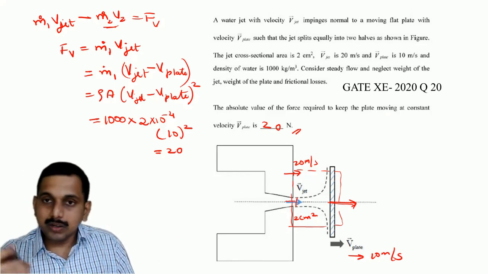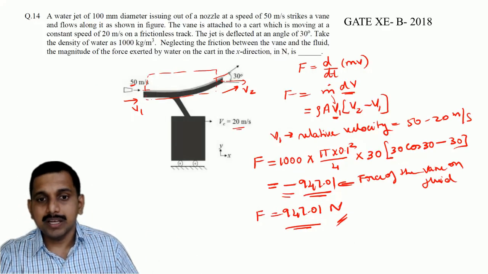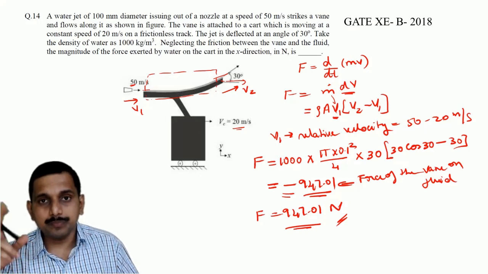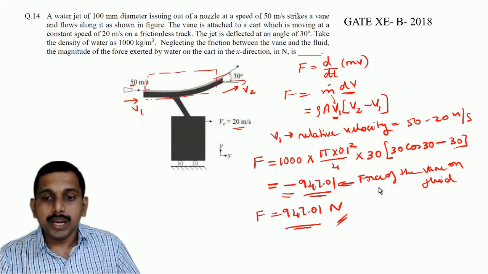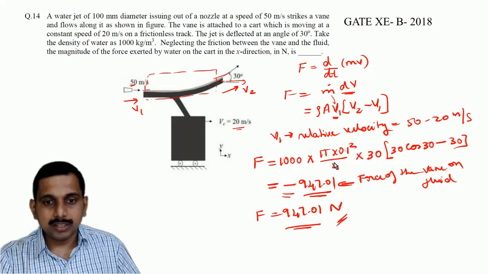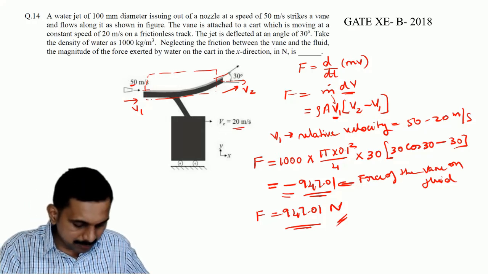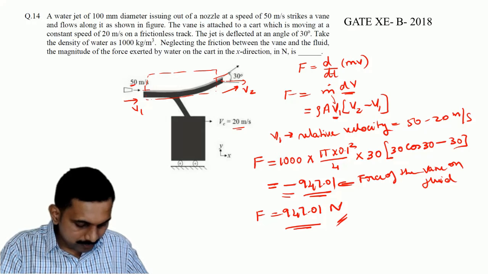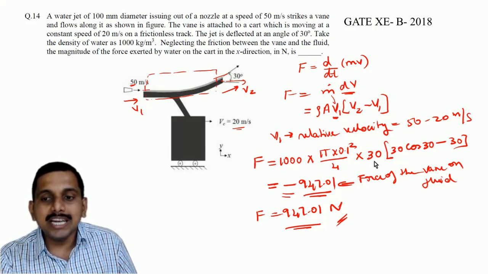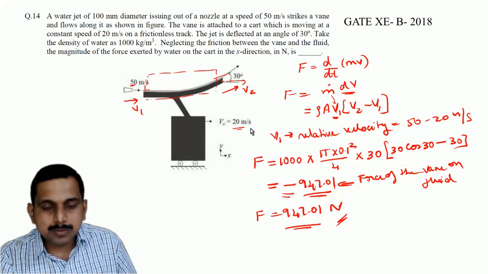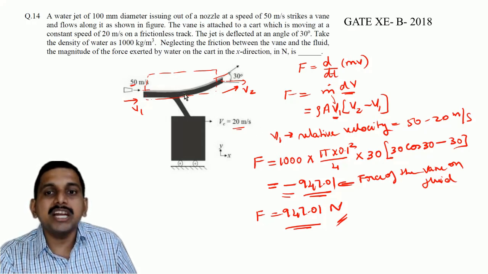Next problem. Now there are some cases which we have solved previously, like in this case, which is mentioned in the card above. You can see the video where I have solved this. Here, when I took this moving with velocity 20 meters per second, I took relative velocity only, because when the cart is moving in front, the jet is hitting it with relative velocity.